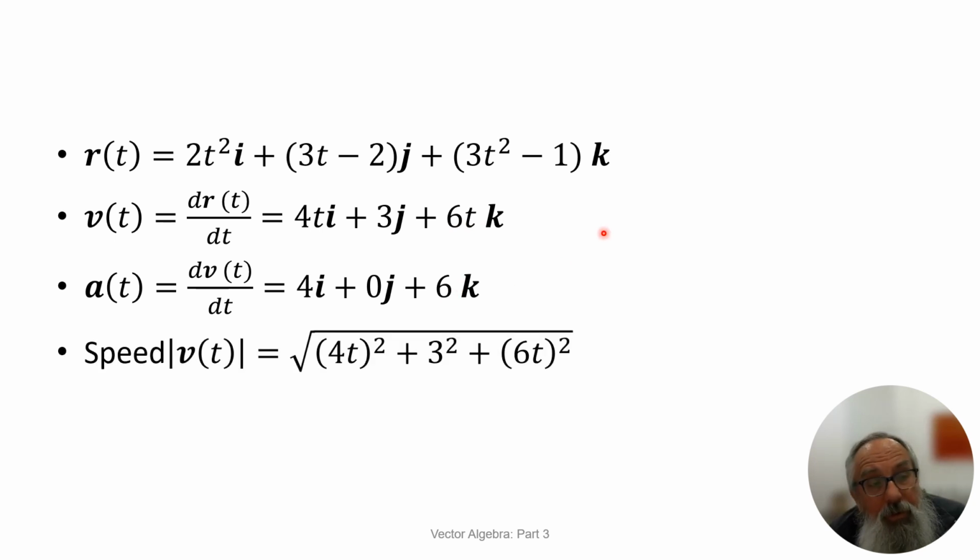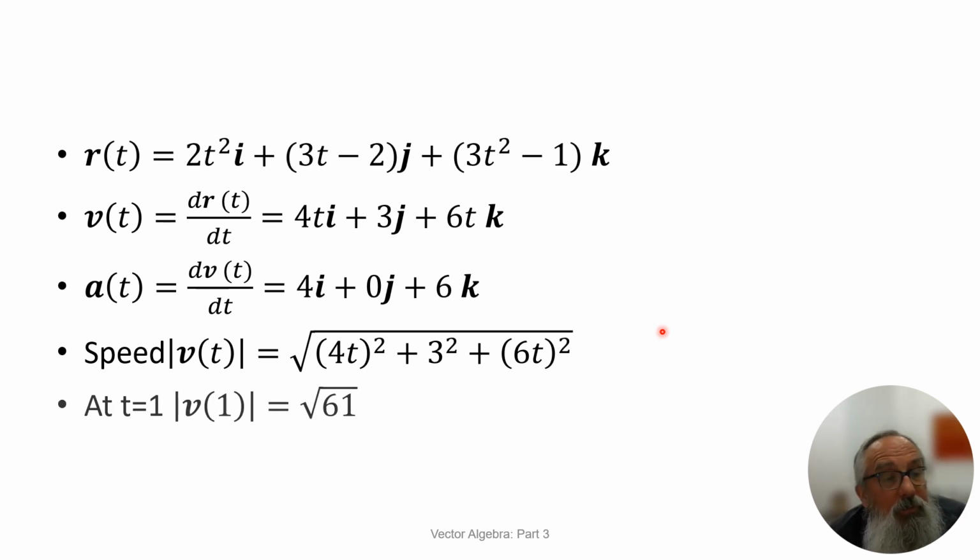So we get the speed. Remember, it asks for speed, so the magnitude of the velocity vector, which is just the square root of the sum of the squares. It's got t in that expression, so we wanted it at t equals 1, so we substitute t equals 1. And the speed at time equals 1 is root 61. Whatever the units are, we're not told the units, but root 61.